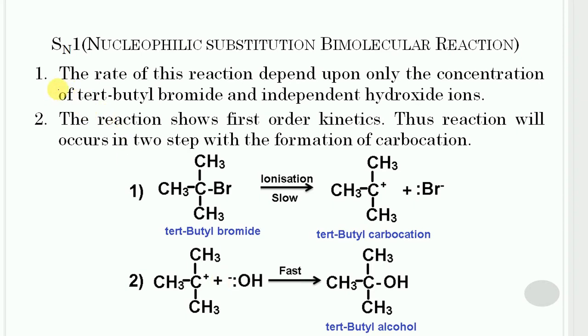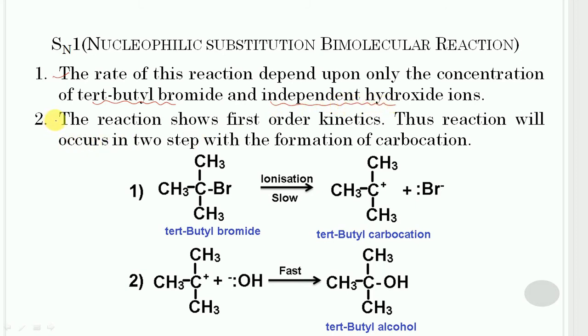So there are 2 points which we have to keep in mind. The first one, the rate of this reaction depends only upon the concentration of the tertiary butyl bromide and it is independent of the hydroxide ions.